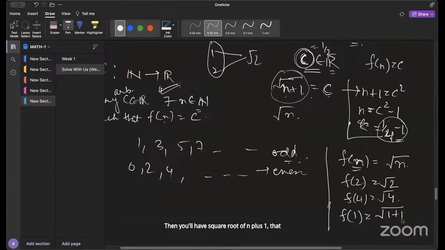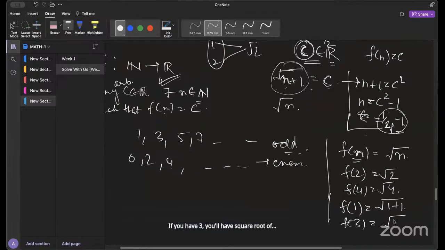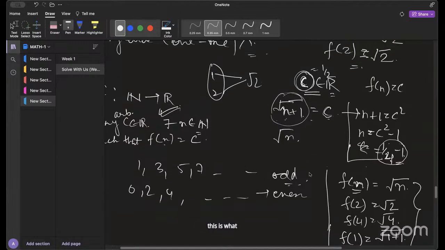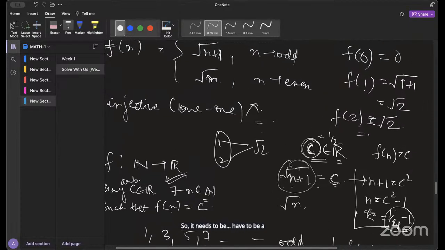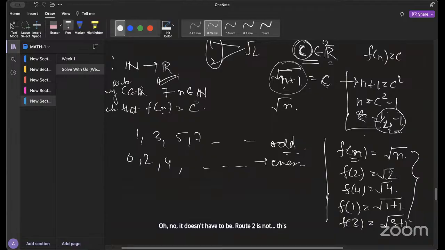That means square root of 1 plus 1. If you have 3, you will have square root of 3 plus 1. Ma'am, so it needs to be a perfect square? No, it doesn't have to be. Root 2 is not a perfect square, and it doesn't have to be.